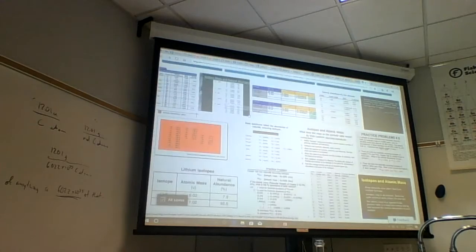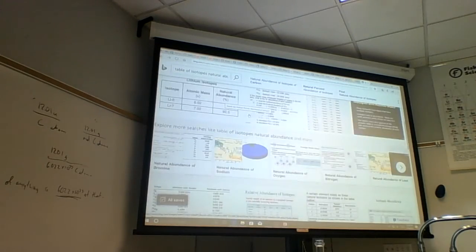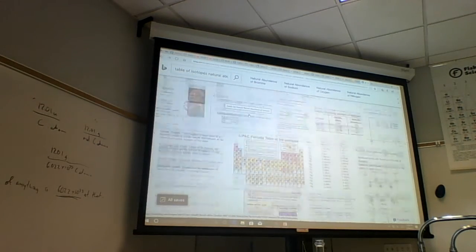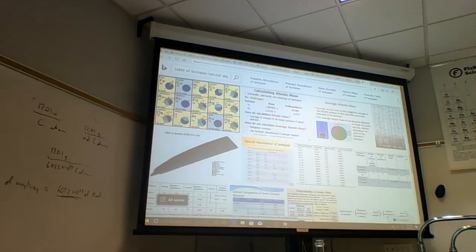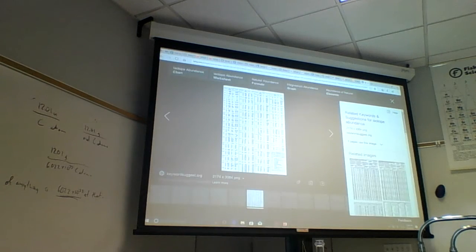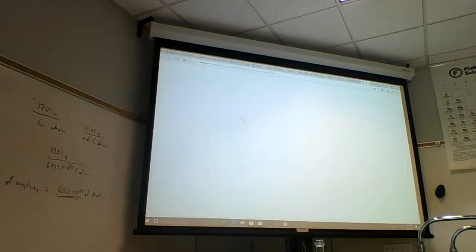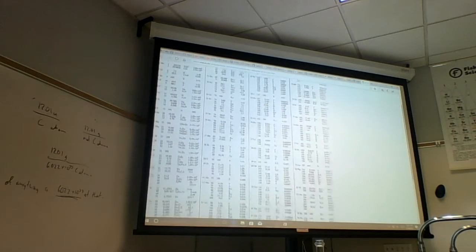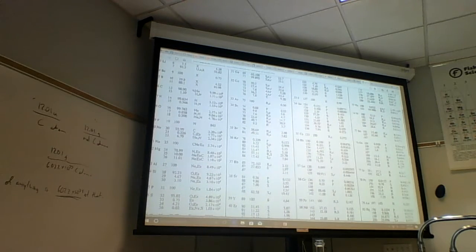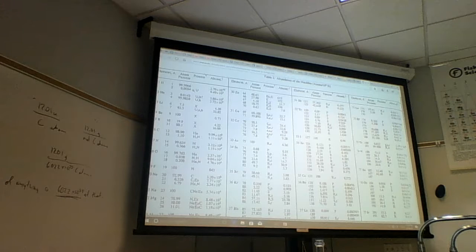Basically, you need a table of isotopes, and then you take a look and see how many different isotopes are available. This is the table I'm looking for.